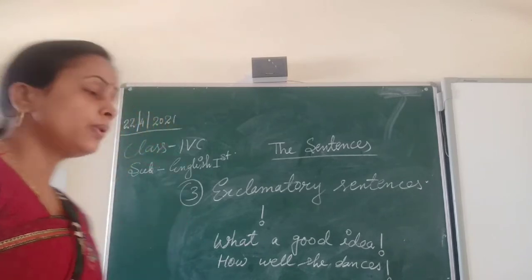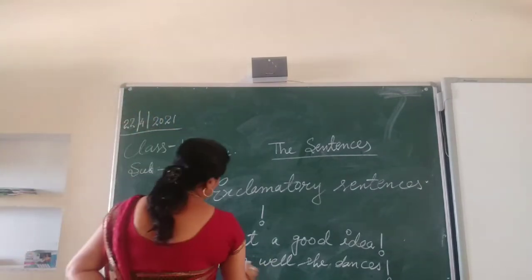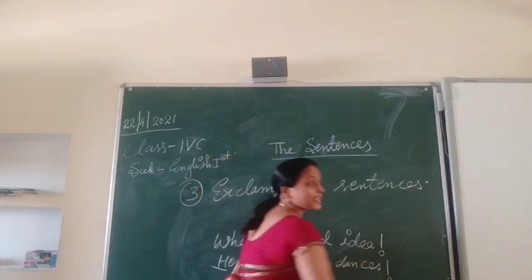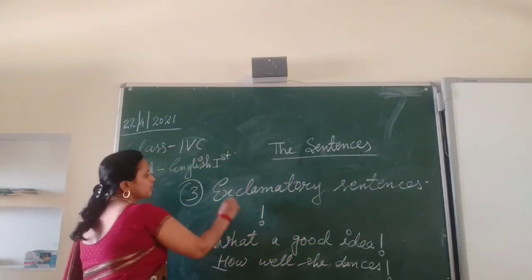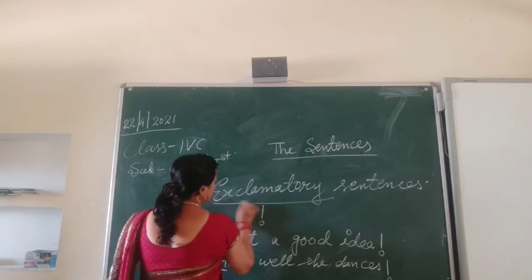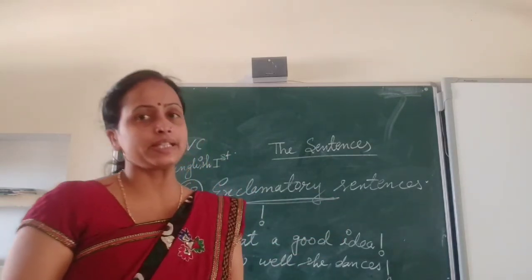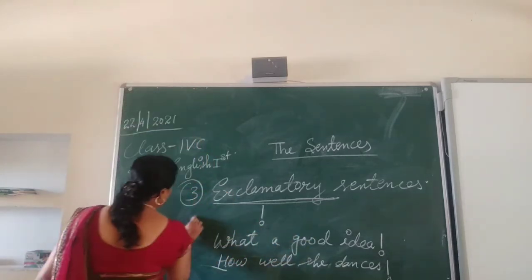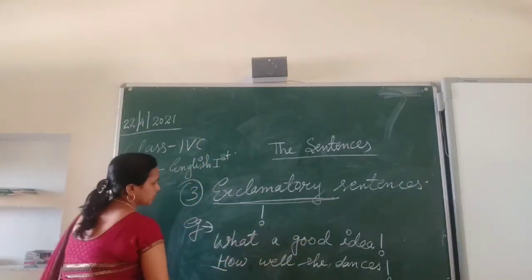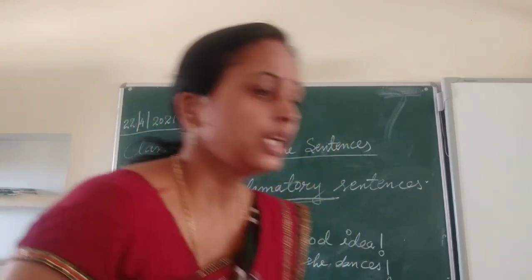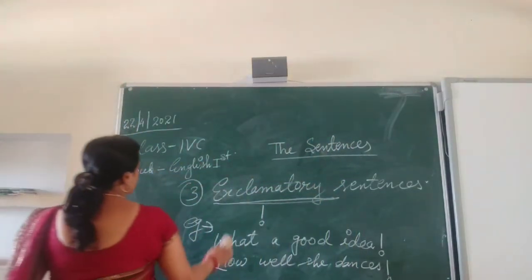So this is also an exclamatory sentence, and it starts with a capital letter and ends with the exclamation mark. Why? Because this is an exclamatory sentence. This is the example I have given you, which expresses strong feeling.